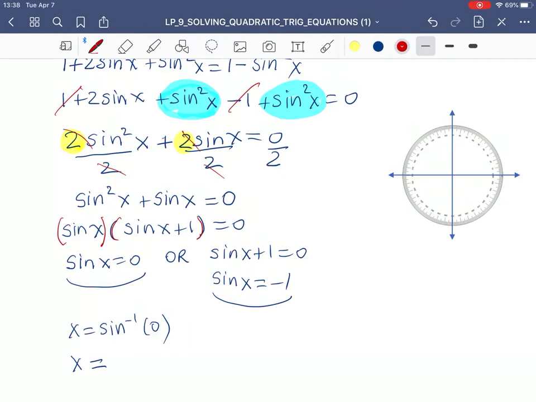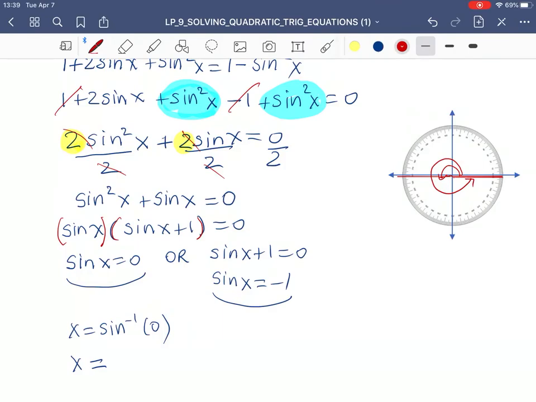So the sine ratio will be 0 for the angle 0 radians, for the angle pi radians, and also for the angle 2 pi radians, okay?